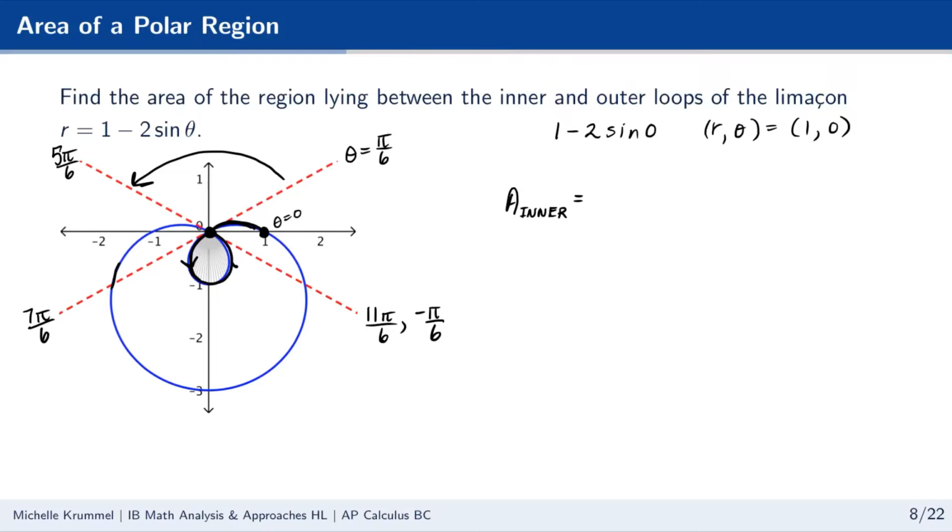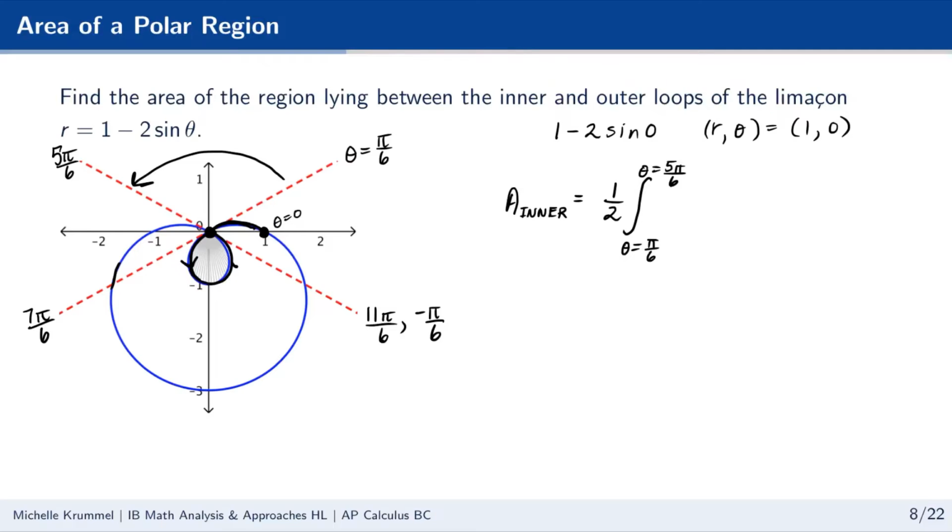Remember our general setup, we would be integrating 1/2 r squared d theta. That's our general setup. So 1/2, we're going to integrate from theta equals pi over 6 to theta equals 5 pi over 6, r squared.